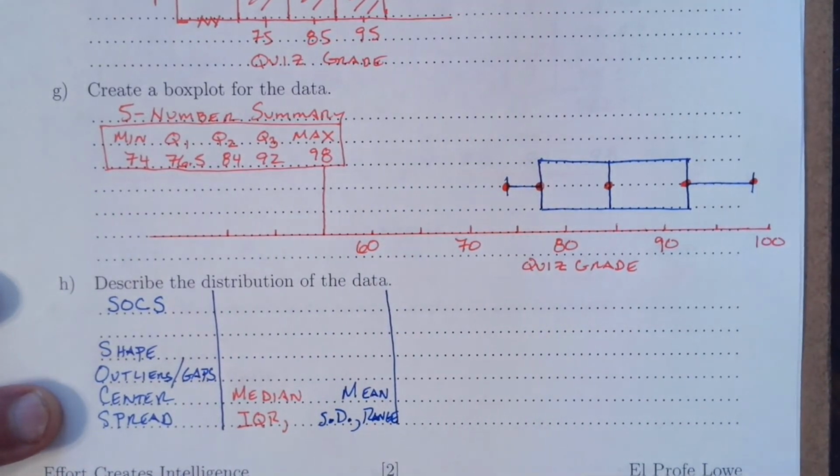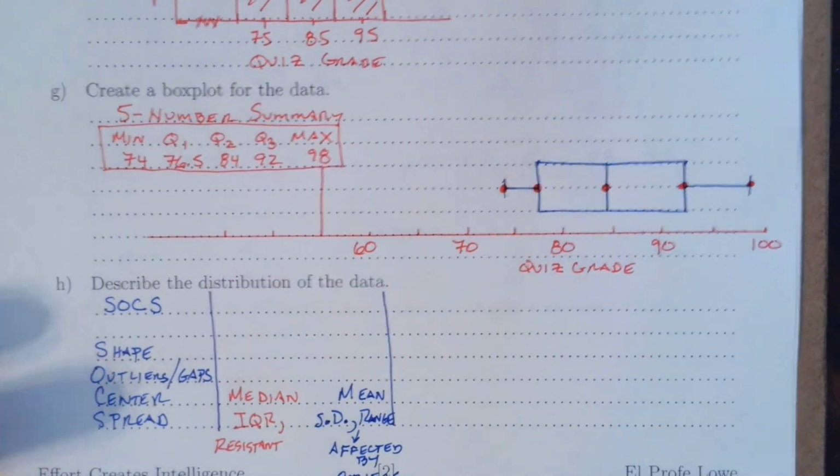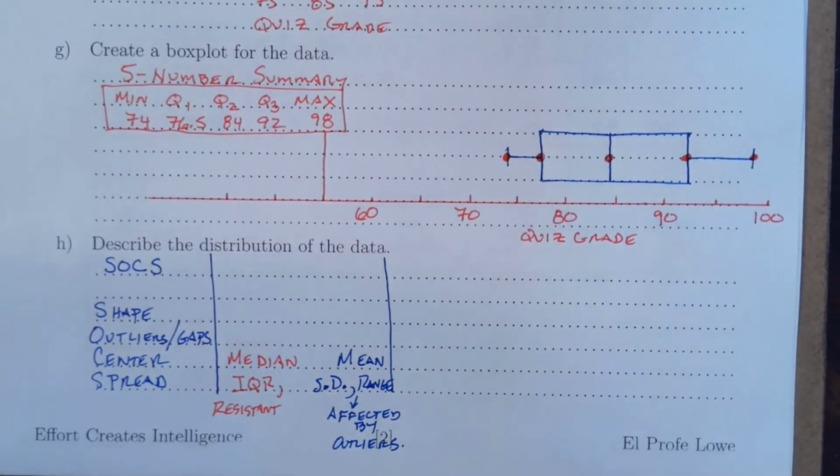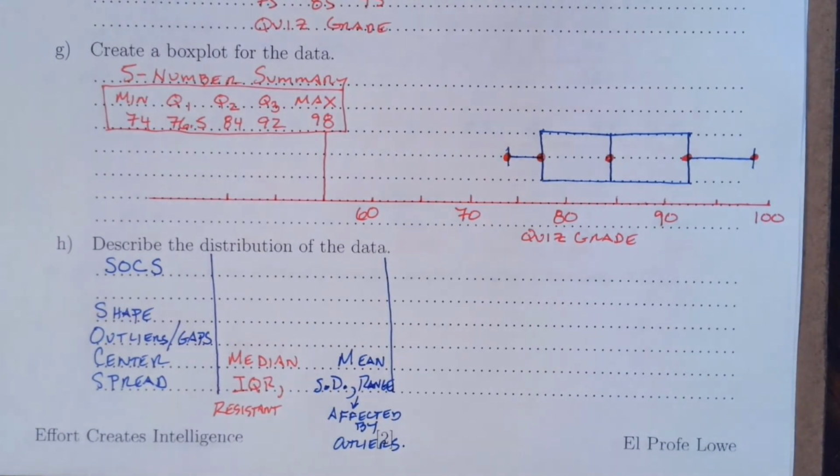Now, the median and the interquartile range are going to be called resistant, while the mean, standard deviation, and the range are affected by outliers. That means standard deviation and range are definitely going to be affected by outliers.